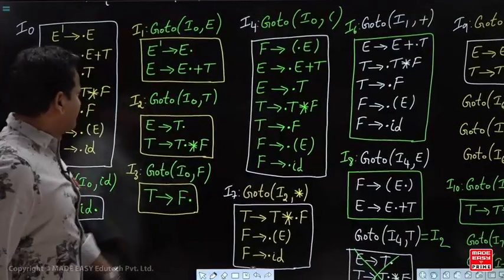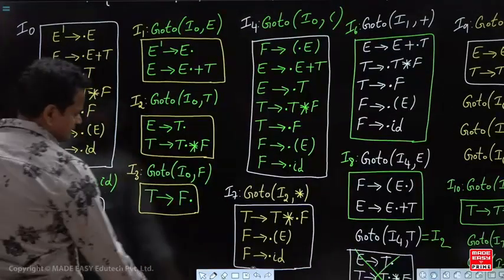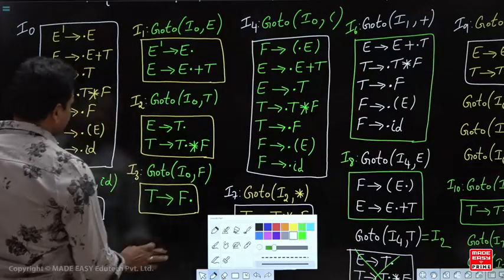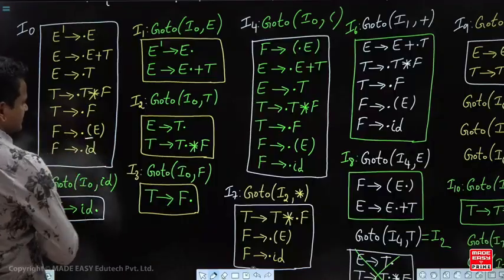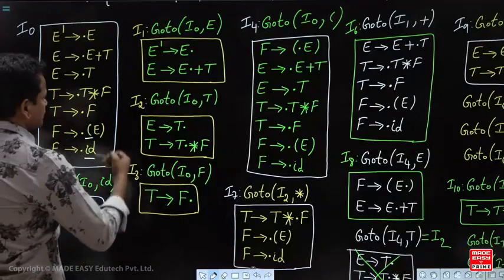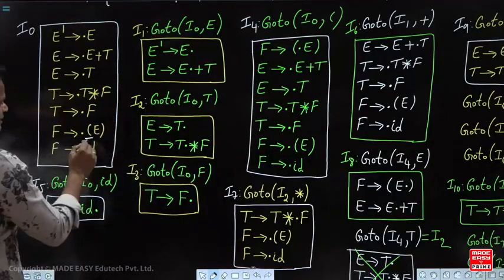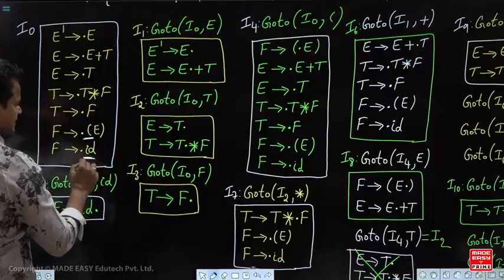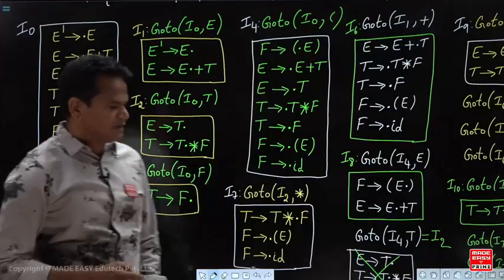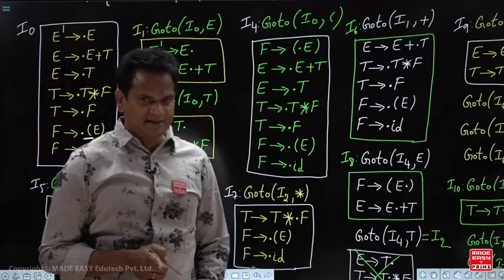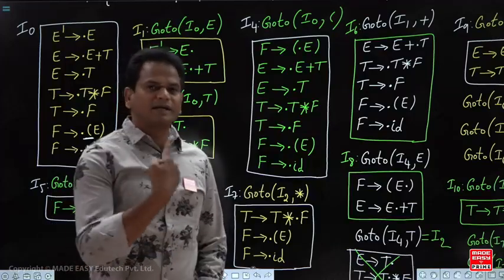Now, for all the shift symbols, if they are terminals, suppose, look at this, this is the terminal. While filling the table, here also it is lengthy, a little bit, but easy.